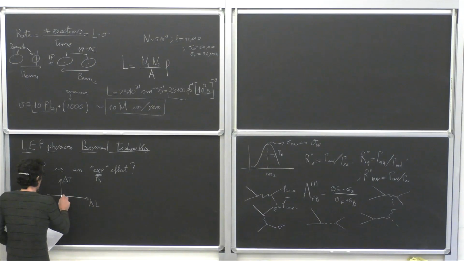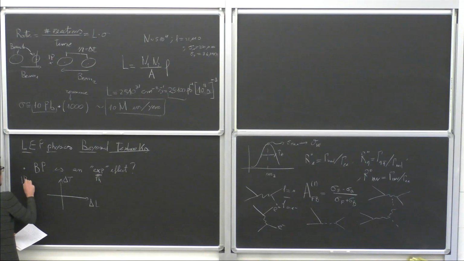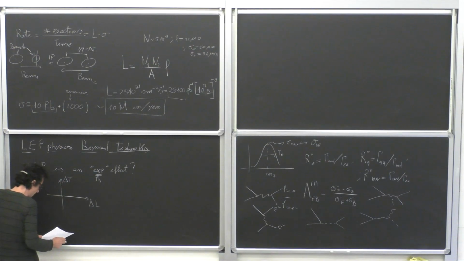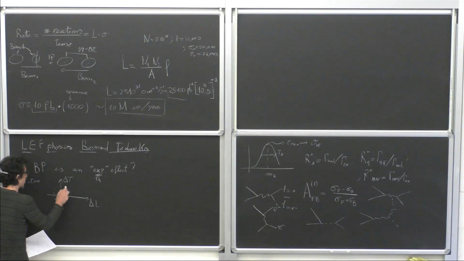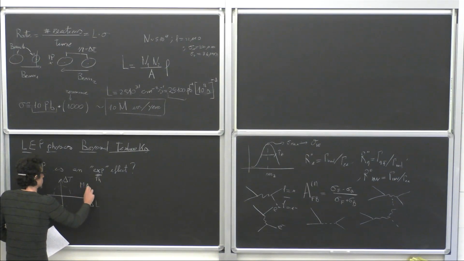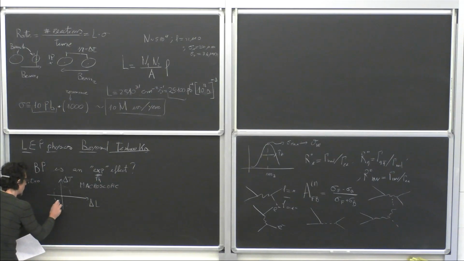If you imagine drawing a plane with the distance delta L in space and in time from the interaction point, the IP, the space-time point at which the particles collide, at time equal to 0, then I would say that there is a frontier in this plane which divides what we call macroscopic physics from what is inside here, the microscopic physics.